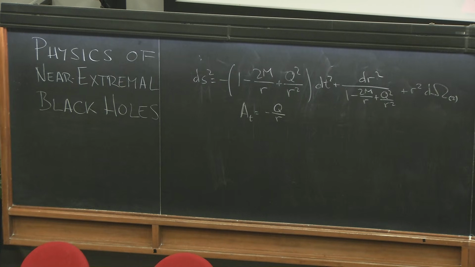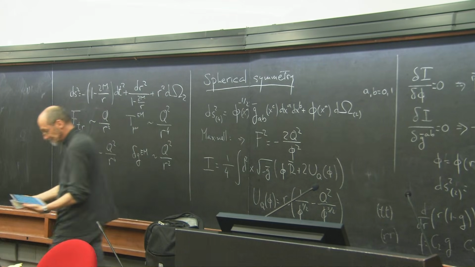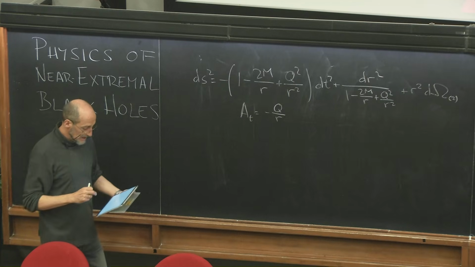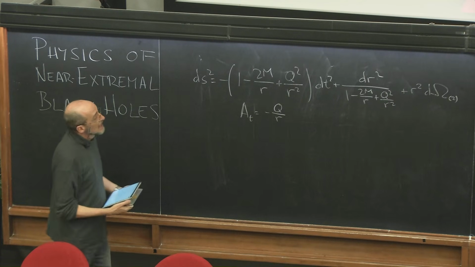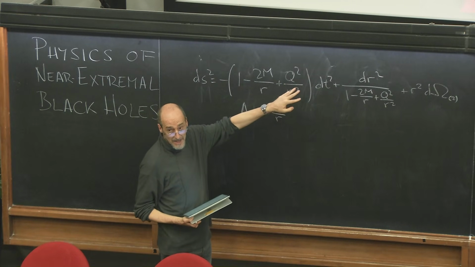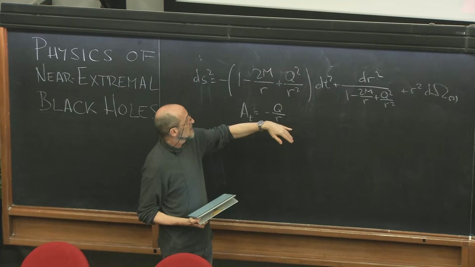I've done this reduction to 2 dimensions because this will be useful later. The solution has been known since 1919 or something like that. And you see that we have here the correction that comes from having a charge, from having an electromagnetic field with some energy that gravitates.